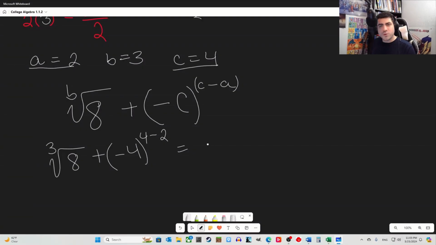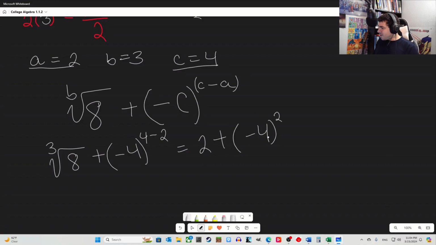So the cube root of 8 equals 2 plus, we have exponent now, so let's keep this negative 4 there. 4 minus 2 in exponent. What's 4 minus 2? Easy, that equals 2, right? That looks so confusing at first, but then you realize, oh, wait, it's just 4 minus 2. Super simple, super cool, right?